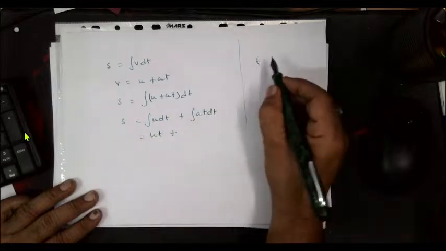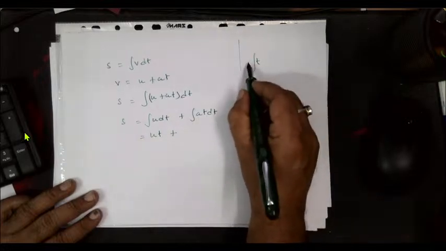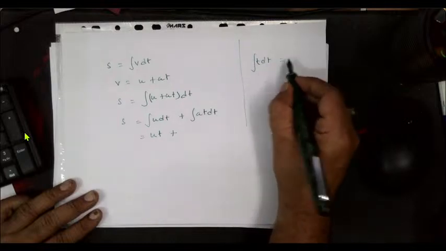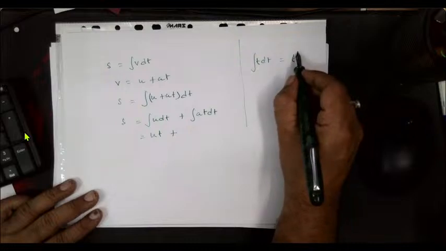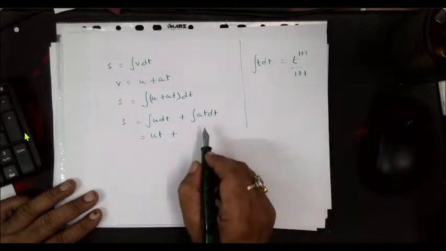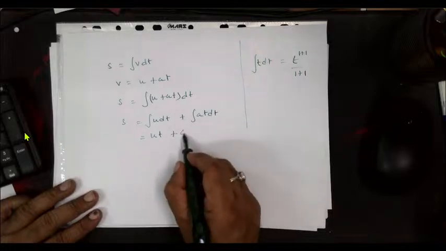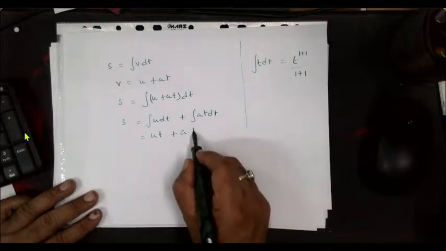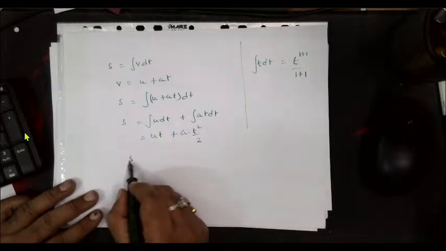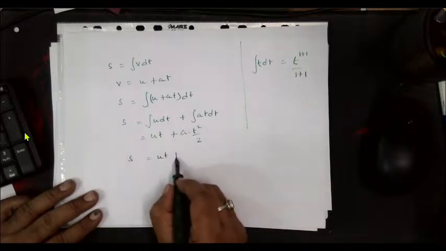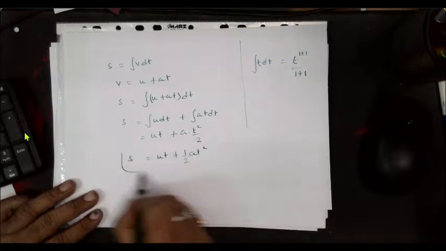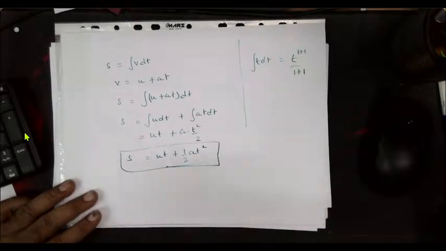And what about t? So integral t of dt is equal to t power 1 plus 1 divided by 1 plus 1, is it not? Therefore it becomes a into t squared by 2. Okay, therefore s is equal to ut plus half at squared. So this is the next equation. Do you understand?